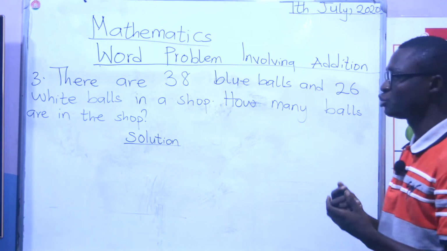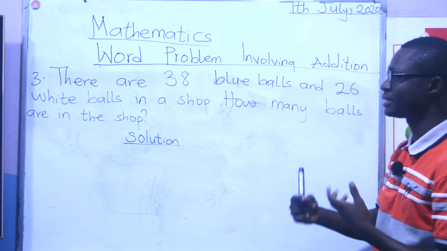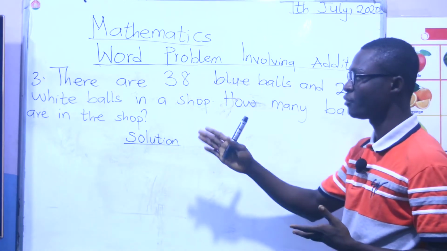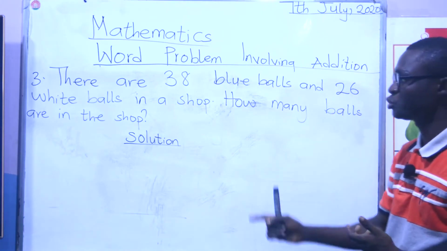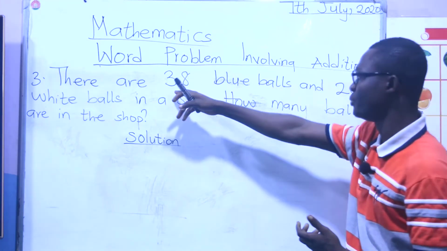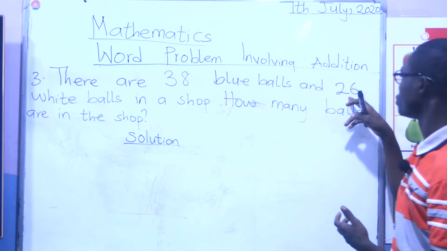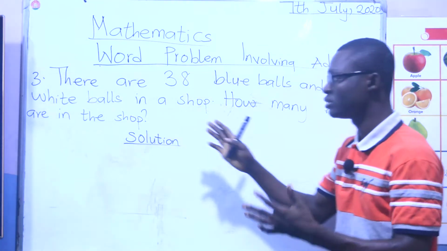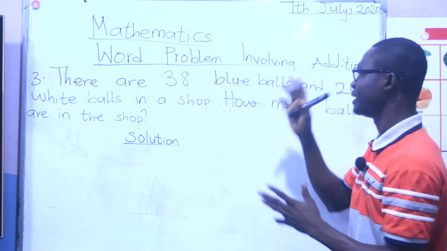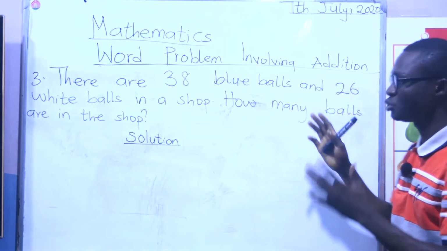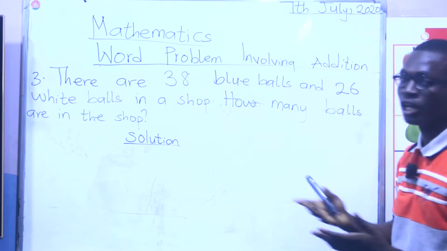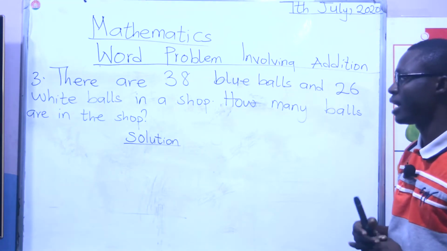And how are you going to do? It is the same process that we were doing for example 1 and example 2. So first of all, we have 38 blue balls, and then 26 white balls. So when you add the 38 and 26 together, how many are you going to get? That is going to be our answer.